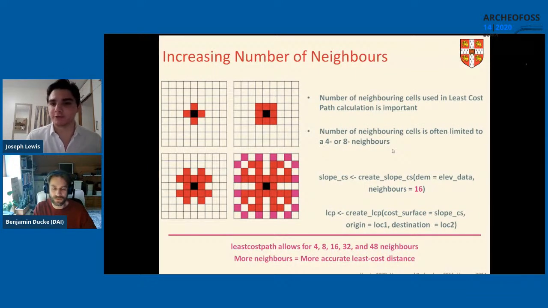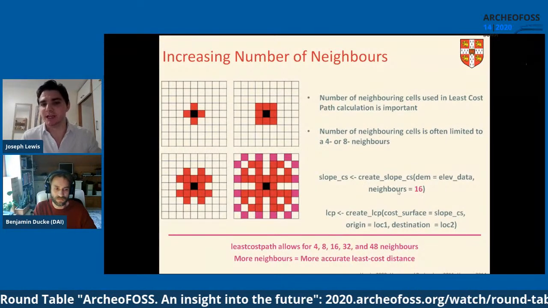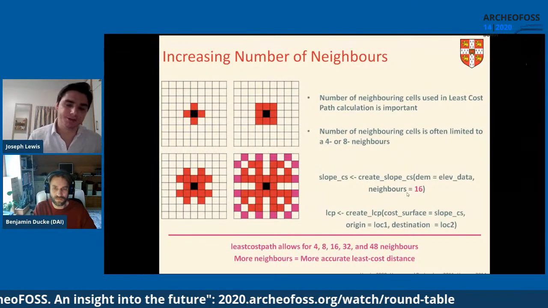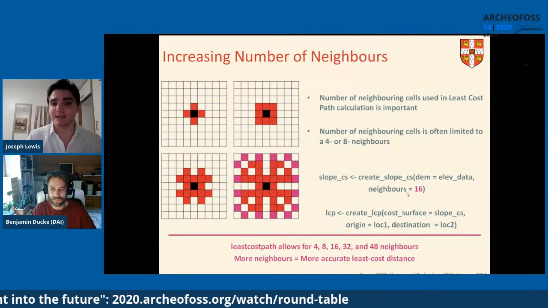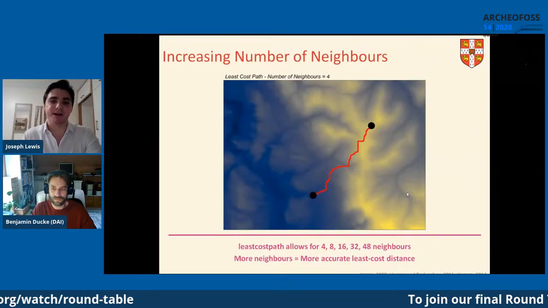Whereas by increasing potentially up to 48 neighbors, you allow the least cost path to choose a more accurate route. And again, this has been made quite readily and quite easy to change, and that's by just specifying a different number of neighbors. So I've incorporated 4, 8, 16, 32, and 48. And I'll just show you the effect.